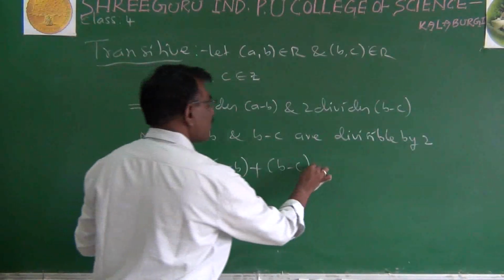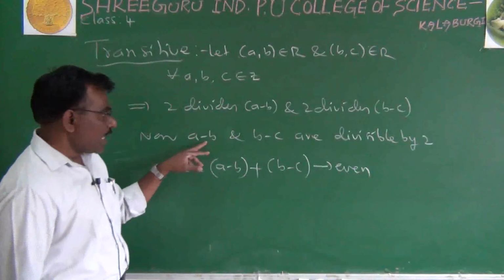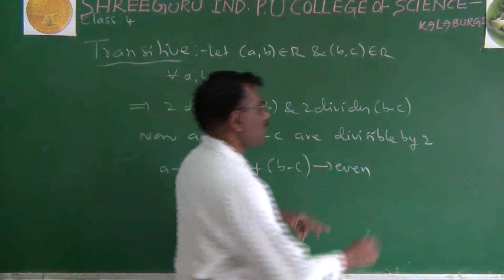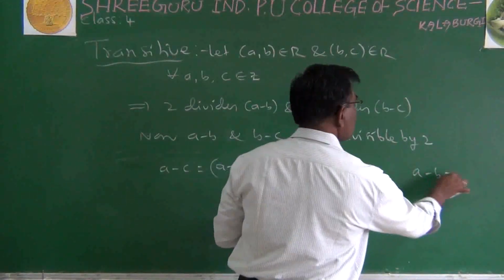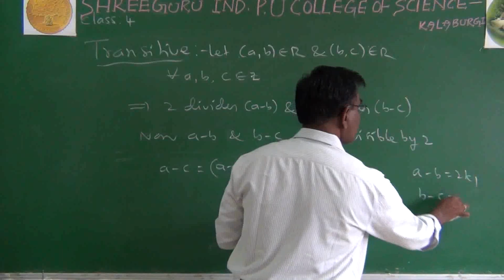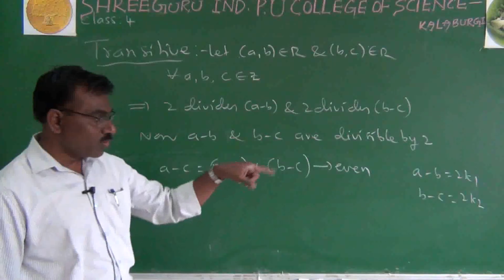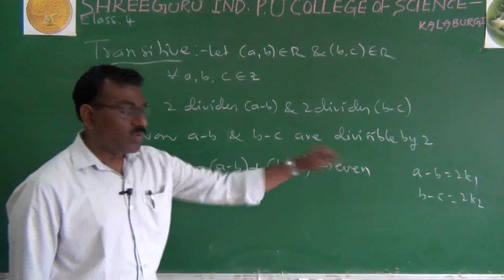This is even, because a minus b is 2k1 and b minus c is 2k2, both even numbers, and their sum is an even number.